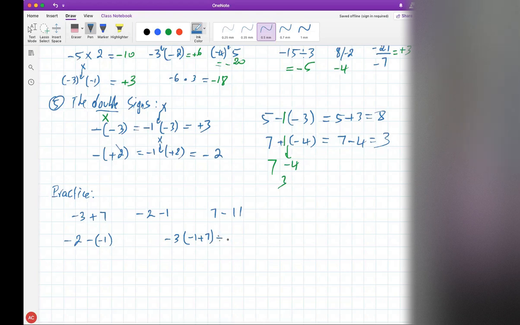Divide by maybe 4. Let's see, like 18 divided by -6. Multiply -2. And finally, 5.